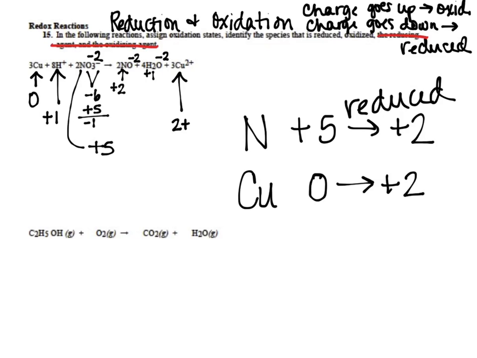Can you go over how you got 5 again? On which one? Nitrogen, on the left side. Okay. So what I did is oxygen is a -2. So this is NO3 minus. So I know this whole overall charge has to be a -1.